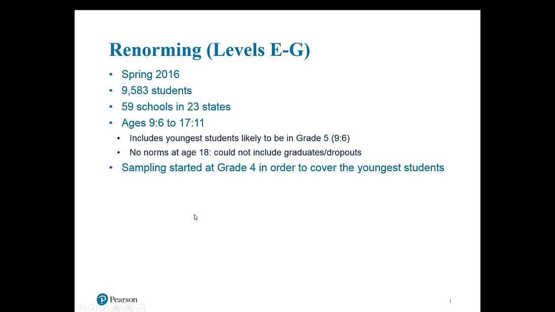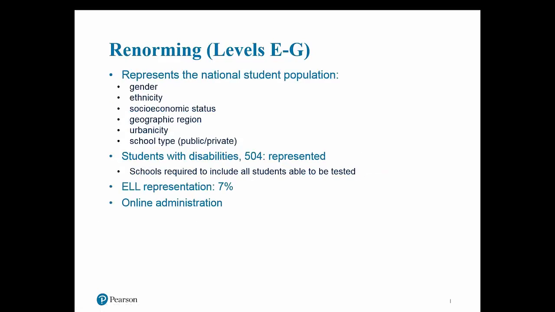Okay, I've already mentioned why we started the sampling at grade 4. The renorming at levels E through G also represents the national student population. And again, for the same reason, we required the participating schools to include all of their students in the norm samples if they were participating. Here, the ELL representation is 7%.